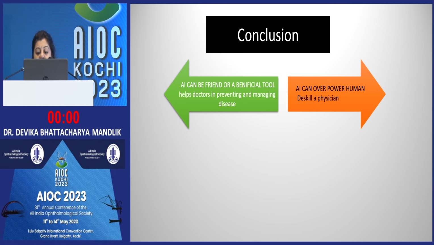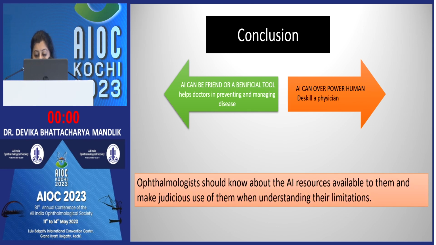Coming to the future, it will help in early detection, personalized treatment plan, predictive analysis, and telemedicine. It can also be integrated into a telemedicine platform to provide remote screening, diagnosis, and treatment of eyes. So, ophthalmologists should know about the AI resources available to them and make judicious use of them while understanding their limitations. Thank you.